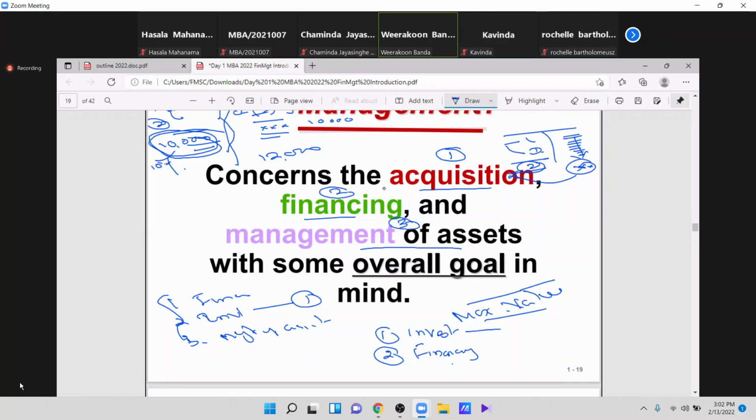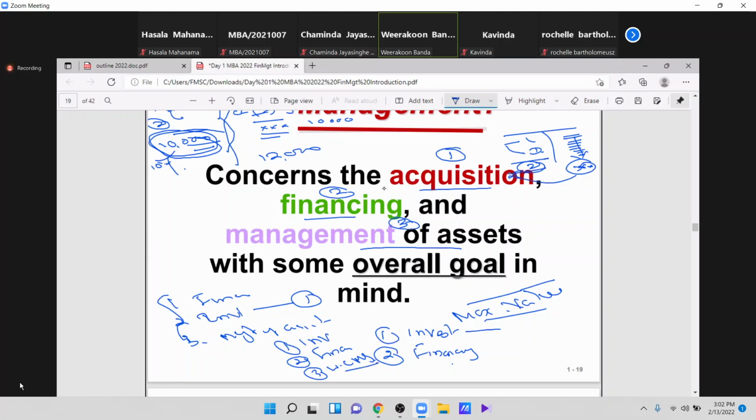Some other texts may explain one is investment, second is financing, third is working capital management. Why working capital management? Because the company's main operations involve working capital, day-to-day operations. The company earns some extra value from this day-to-day operation.